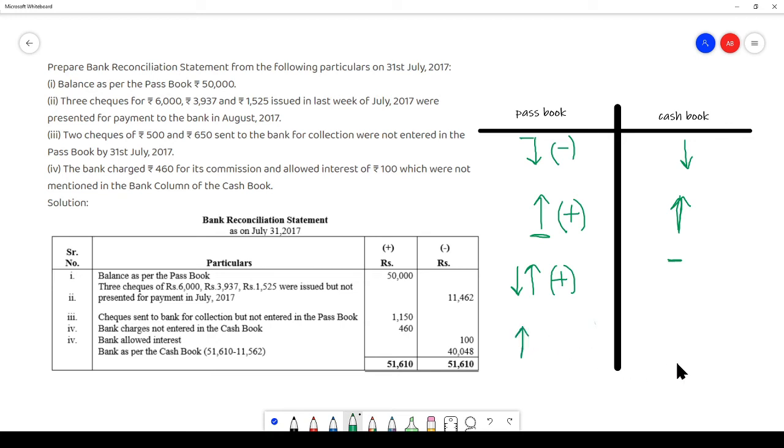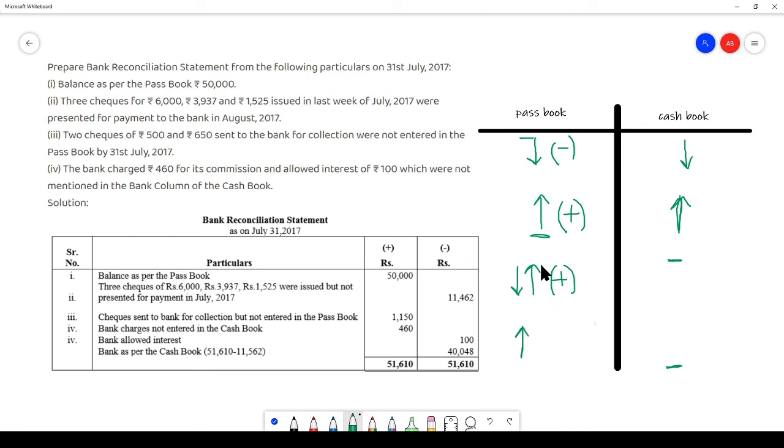But it was not recorded in my cash book. So as compared to my passbook balance, my cash book was showing a lower balance, because the bank had allowed me interest and my balance as per passbook has moved up. Now I'm doing my problem starting with the balance as per passbook, and I want to reach my cash book.